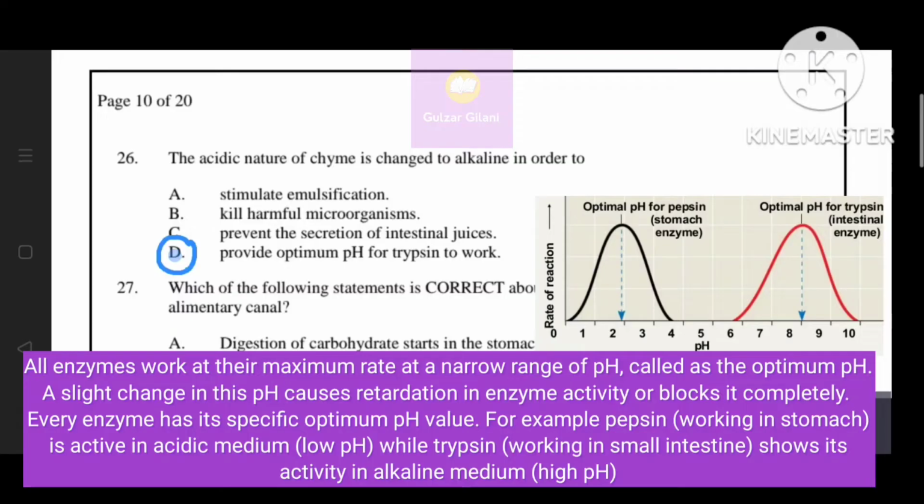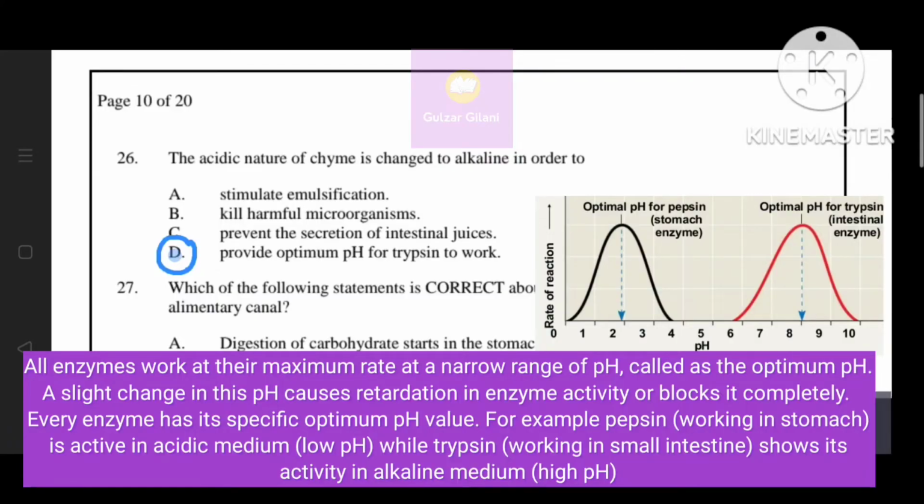As you know, all enzymes work at their maximum rate at a narrow range of pH called as the optimum pH. A slight change in this pH causes retardation in enzyme activity or blocks it completely. Every enzyme has its specific optimum pH value.